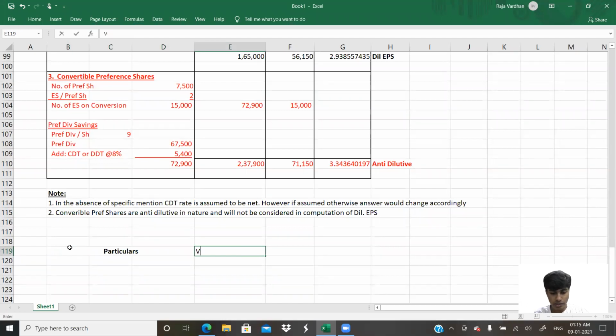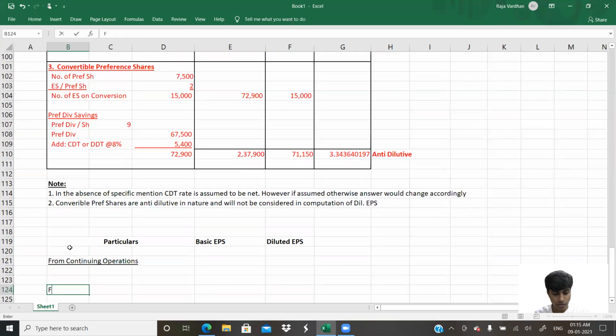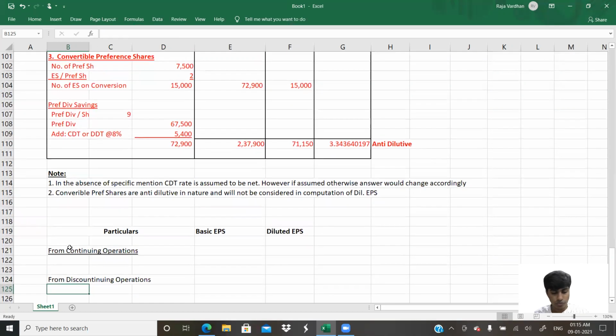Basic EPS, diluted EPS, both have to be computed. Then we'll write from continuing operations. And then we'll have to write from discontinuing operations.